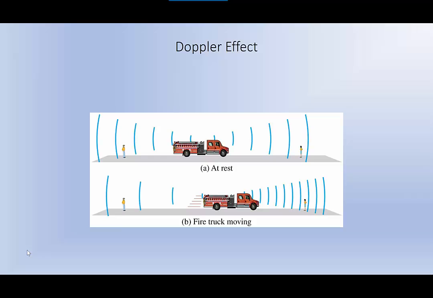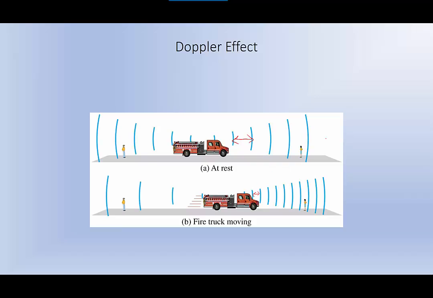However, in picture B, as the fire truck starts to move forward, and it continues to emit sounds, now rather than the wavelength being this, the wavelength decreases dramatically because new sound waves are being produced as it's moving forward.